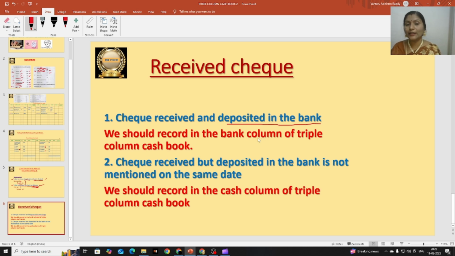Otherwise you put the amount in the cash column. But in case of all other checks, if any payment is made by check, we record in the bank column only. We won't check all this. But when a check is received from any person, we should see whether it is deposited on the same day or not. Otherwise put that amount in the cash column only, even though it is a check. Hope that is clear.